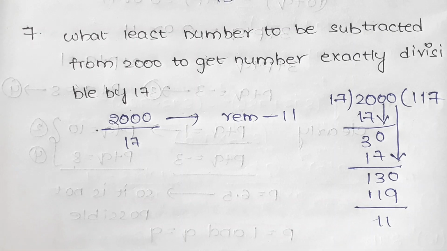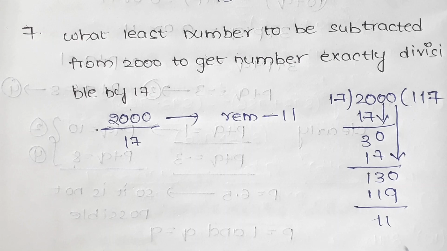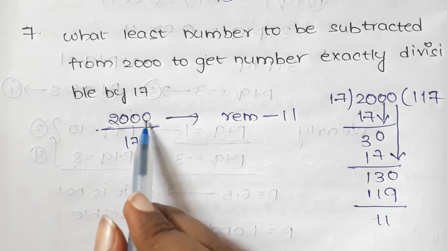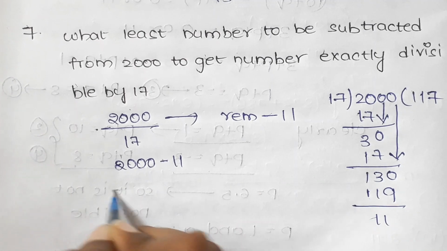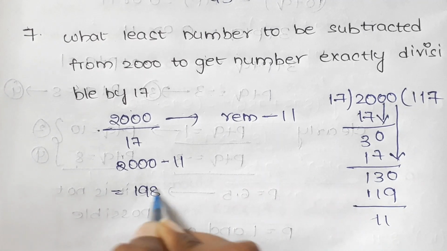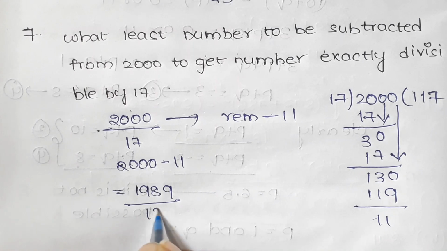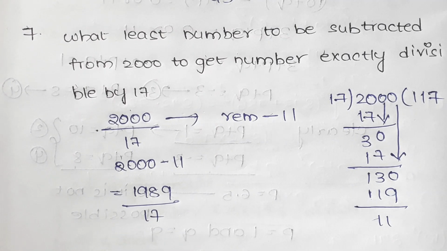So we should subtract these 11 from 2000, that is 2000 minus 11, we will get 1989, and it will now be divisible by 17.